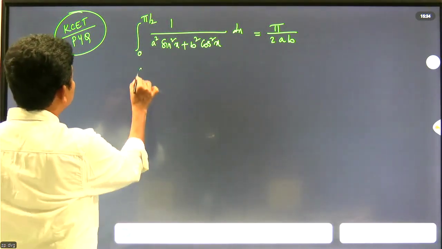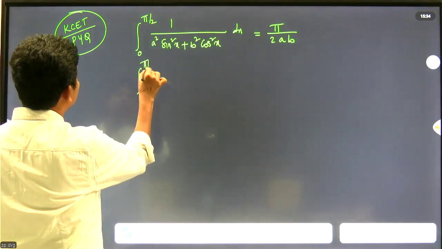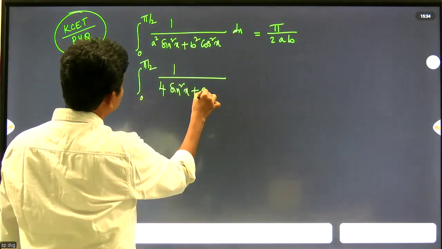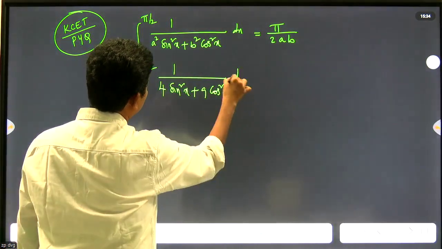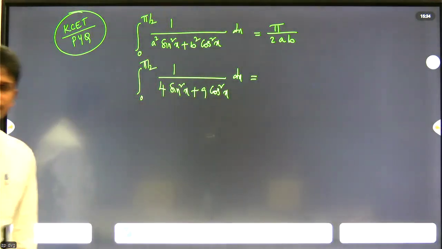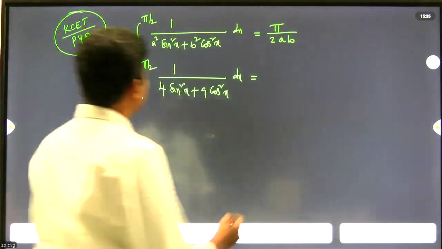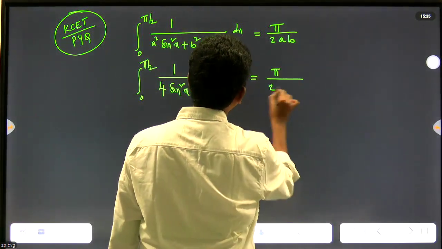Not only this, if the problem is like this, integral from 0 to pi by 2 of 1 divided by 4 sin square x plus 9 cos square x, then you can write its answer directly, pi divided by 2ab.